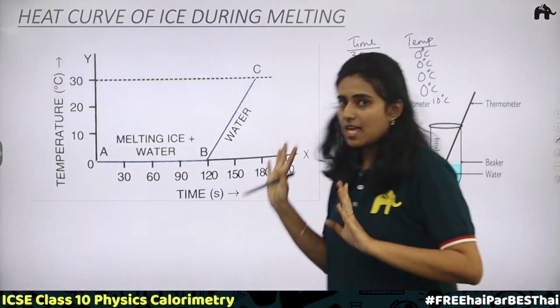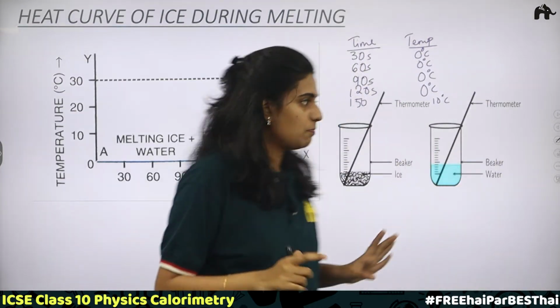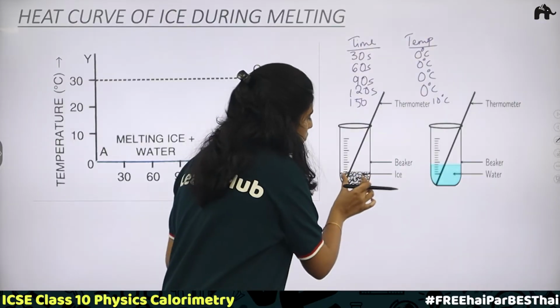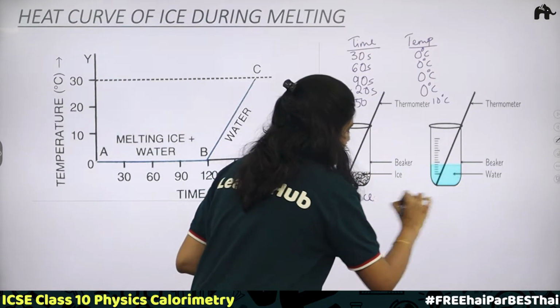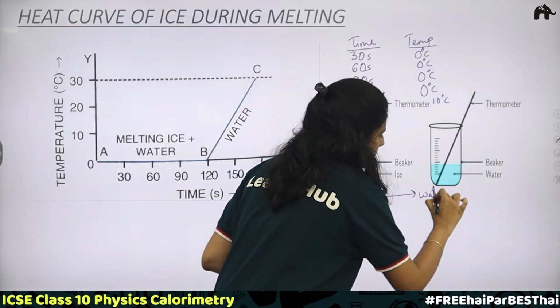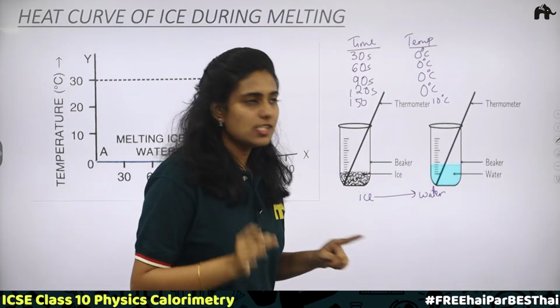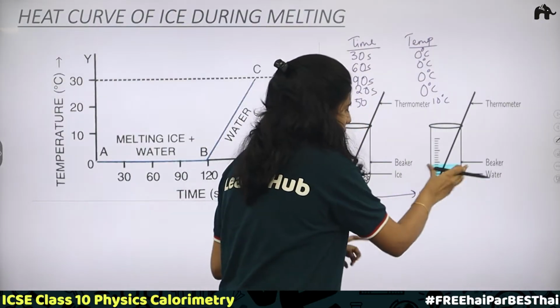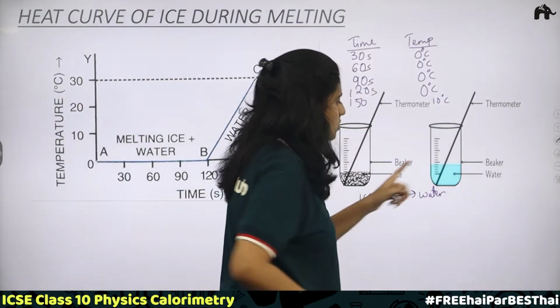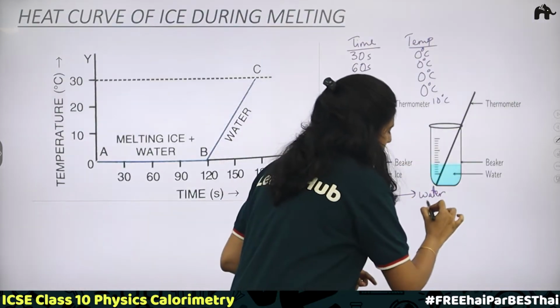Okay. Here what has happened is the heat energy that we have supplied is used to convert ice to water. Until all the ice gets converted to water, there is no change in temperature. Once you get water, that is, the ice has completely melted to form water, now what happens?